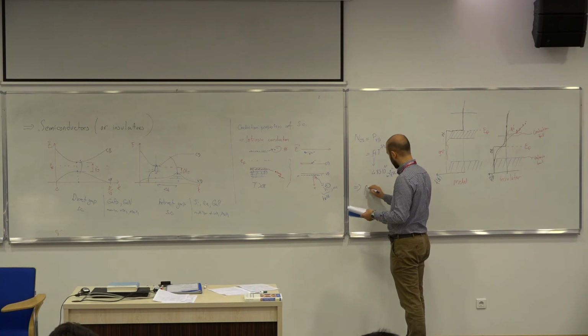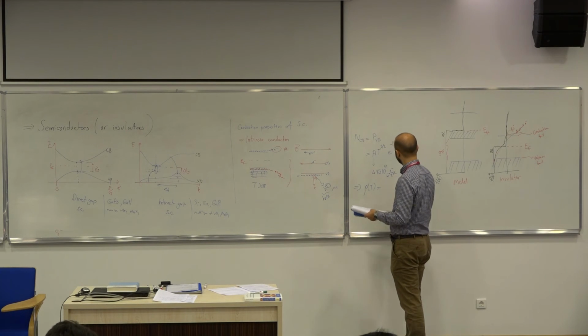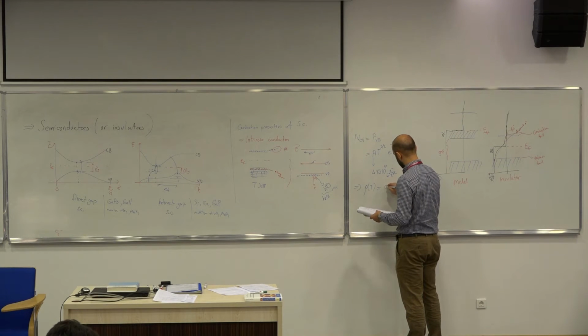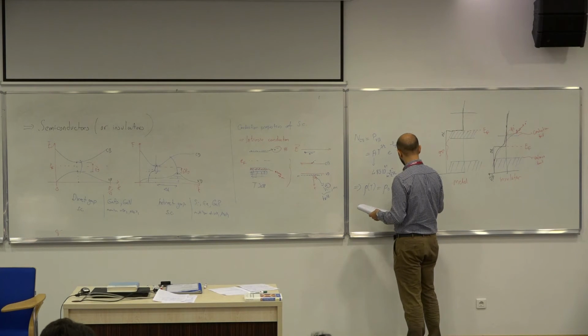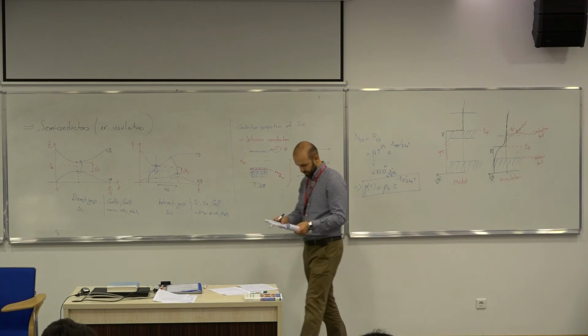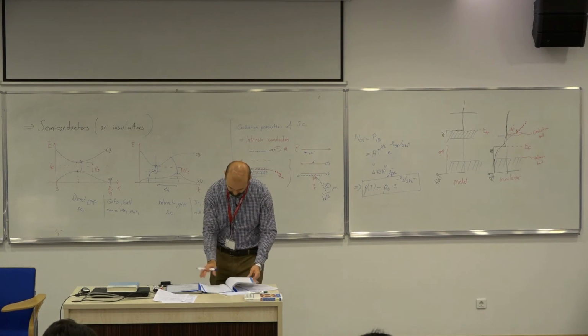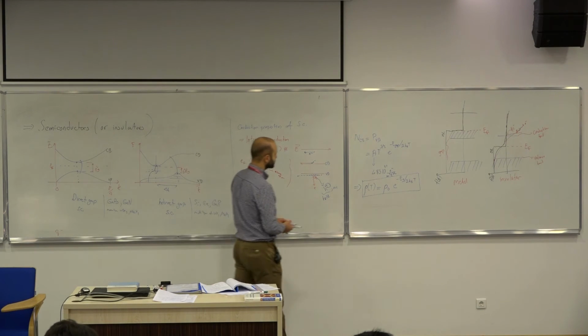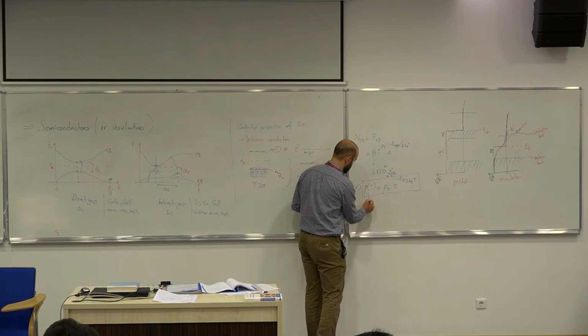Resistivity of a semiconductor is something like this. Again, I'm not going to derive this. So this expression tells us that this is the electrical resistivity.